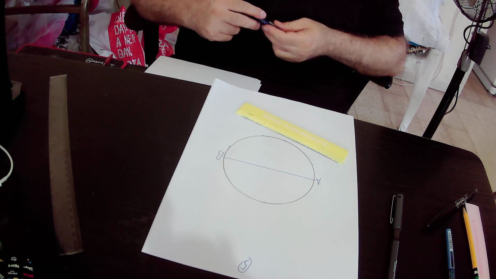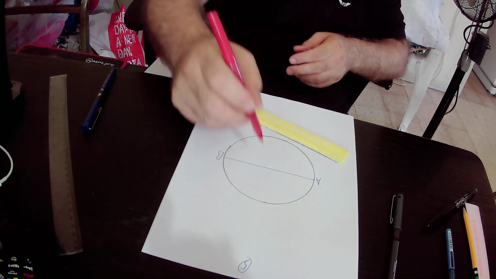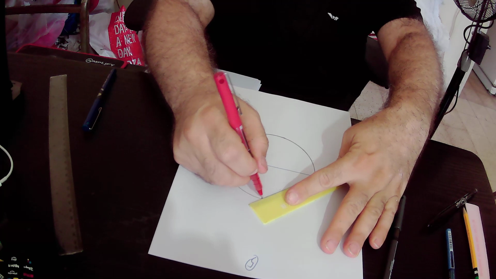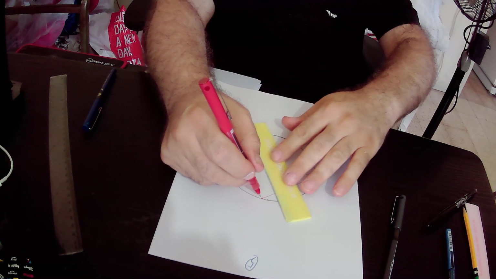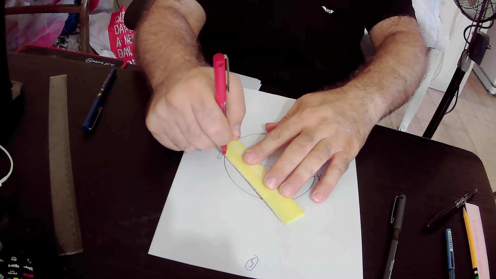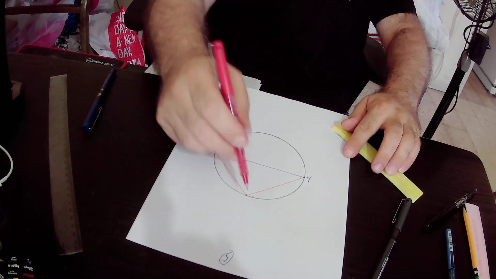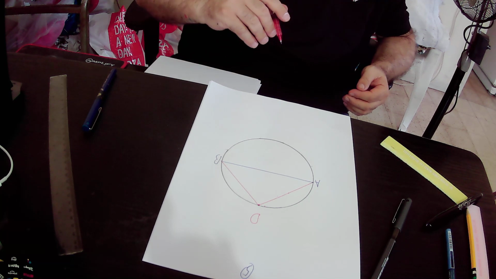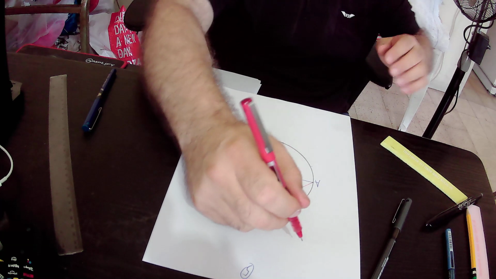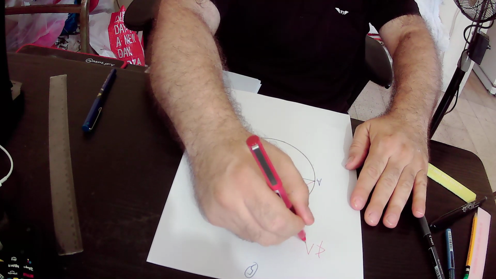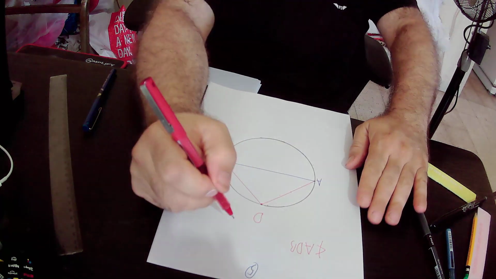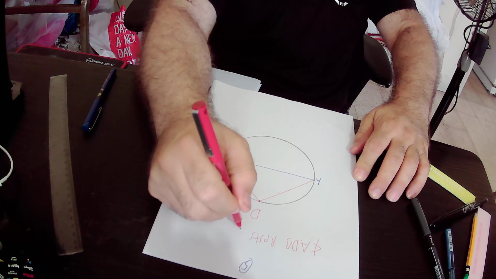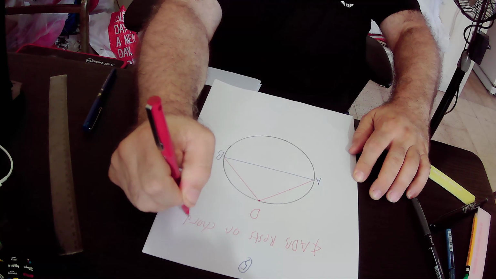So actually, if we have a peripheral angle ADB, angle ADB rests on chord AB.